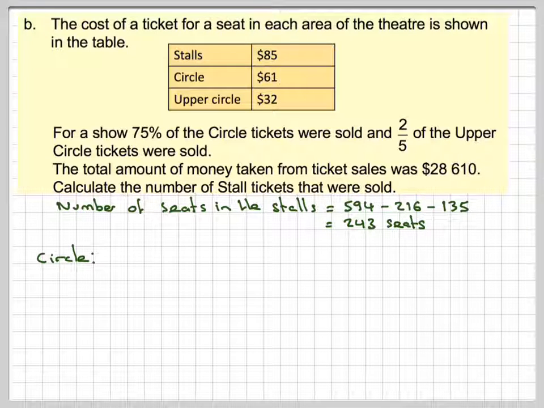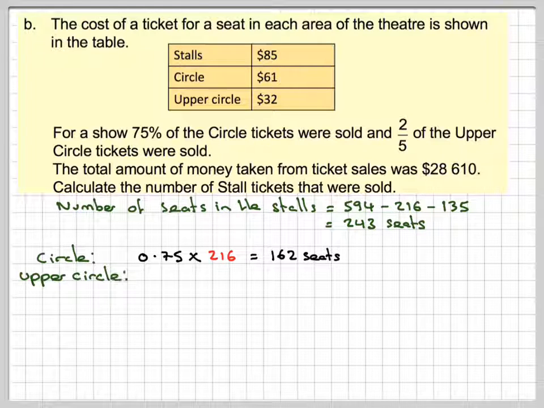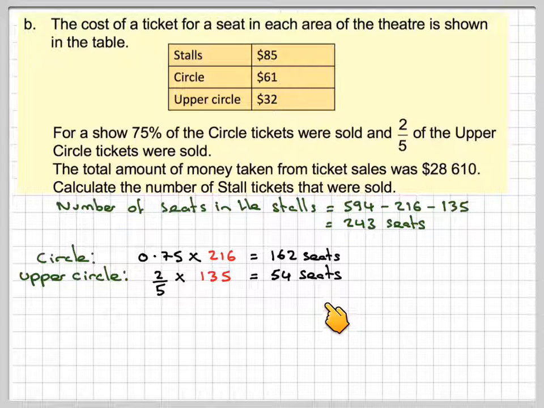For the circle, 0.75 of the tickets were sold, so 75%, which is 0.75 as a decimal, of the 216 seats were sold, which gives me 162 seats sold. And then for the upper circle, it's 2/5 of the number of seats in the upper circle, which is 135. Do this bit using the fraction button on your calculator, which gives you 54 seats sold.